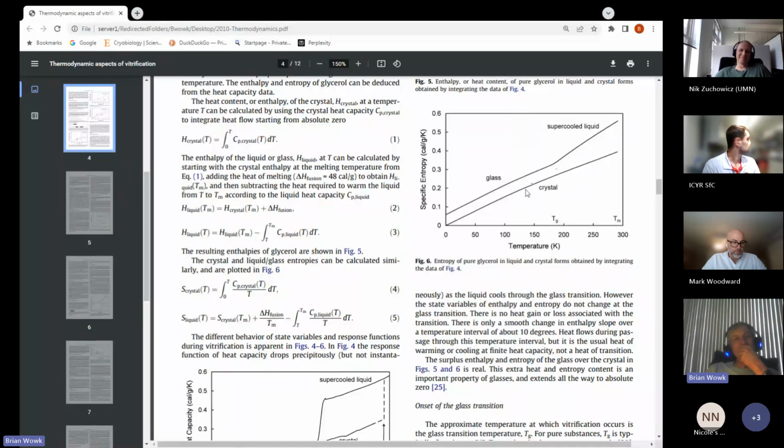So it's mostly of theoretical interest. But precisely because relaxation is so slow near the Kauzmann temperature, I think you're right.